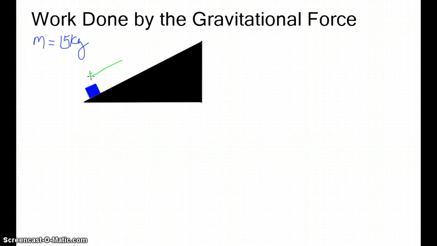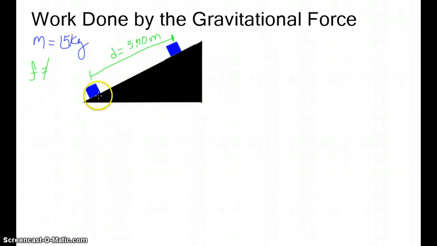So we've got a cable pulling it up the incline, and it's going to come up some distance d, where d is going to be 5.70 meters. Now this is going to be a frictionless incline, so that means that there is no friction, nothing. So we want to know how much work is being done.